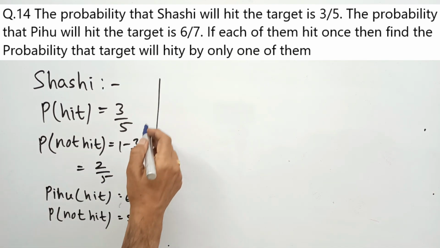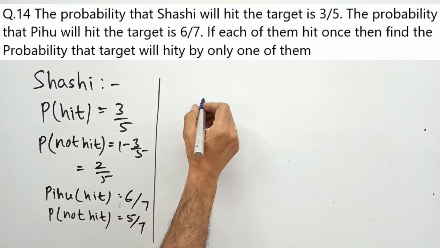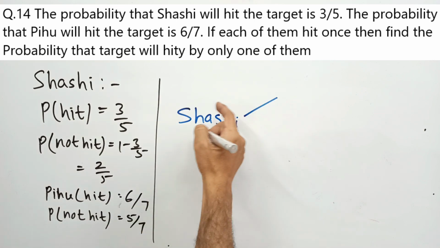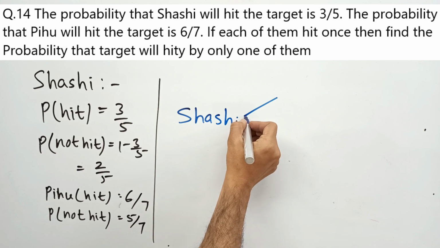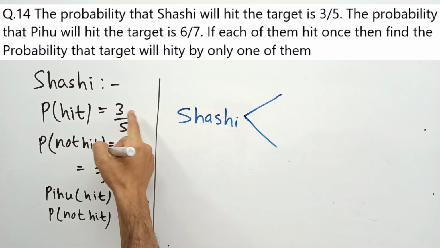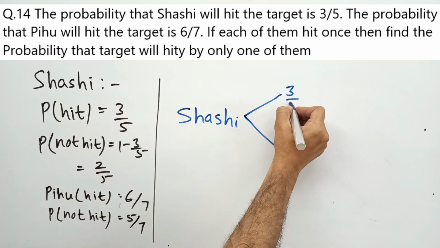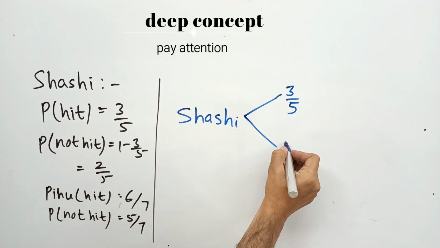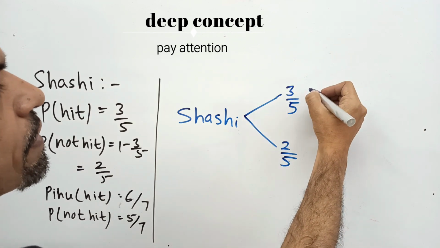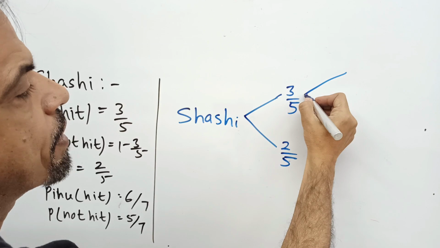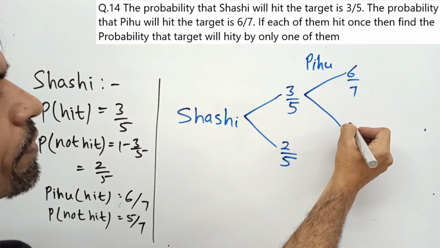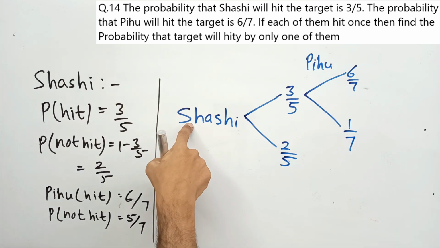Now listen, a very important concept regarding this kind of question. See the chances. Once Shashi takes the chance, there are two chances: either it will be a hit, meaning 3 upon 5, or it will be not a hit, 2 upon 5. At every chance, again there are two chances by PU, hit or not hit. Let us suppose Shashi starts.